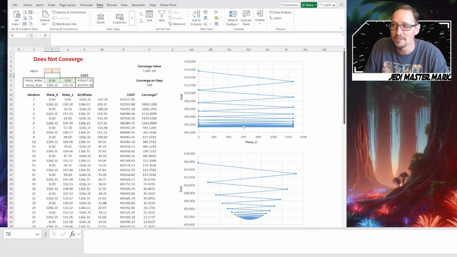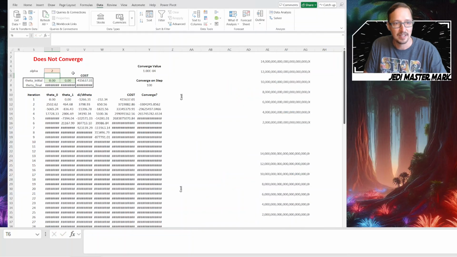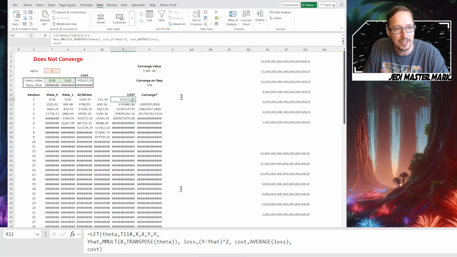And if you go much too high, so let's say an alpha of 2, again, this is modifying really the step size, you can actually get an exploding cost function. So here, if you look in this column, the cost function is steadily increasing.